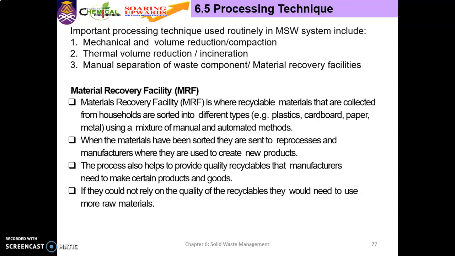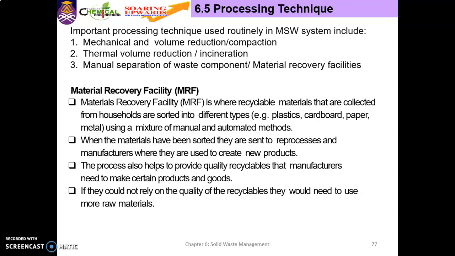Okay, for example, papers: once we have separated them from the pile of rubbish, papers can be reproduced to become new A4 paper, a new newspaper. So there is no need to cut down trees to get the material to make paper. We just recycle it back. So for MRF, the process also helps to provide quality recyclables that manufacturers need to make certain products and goods.